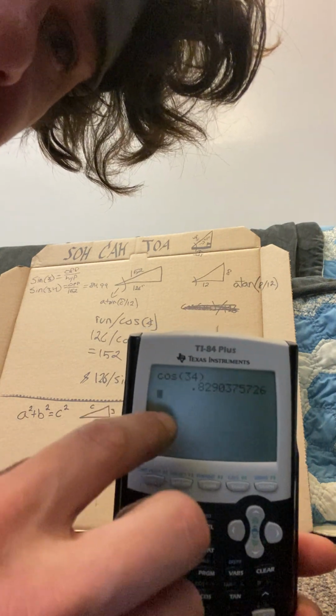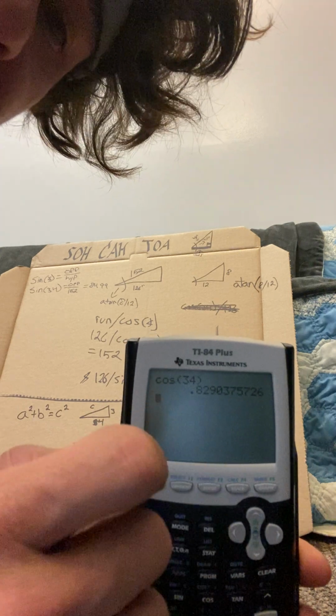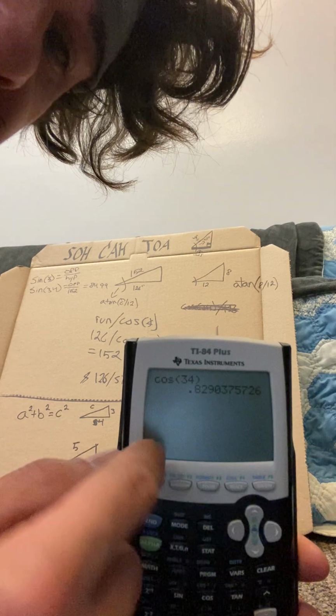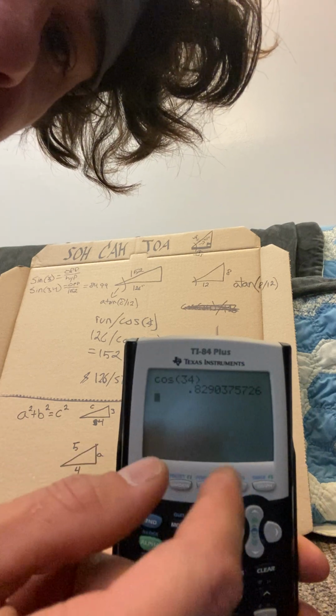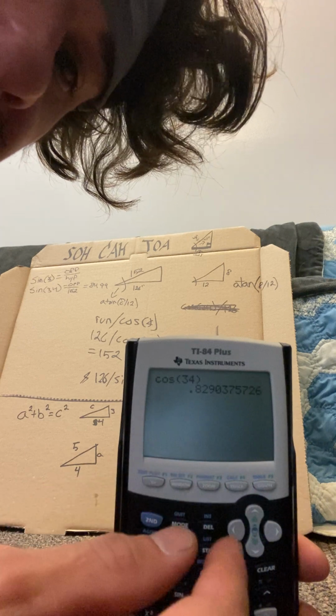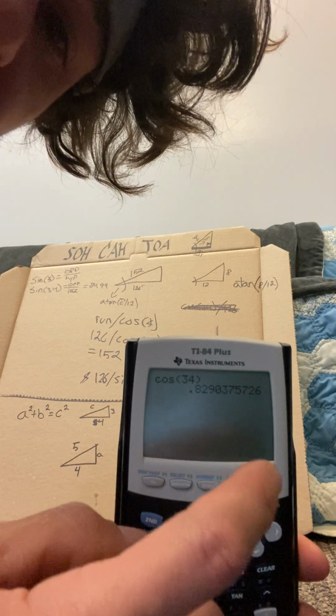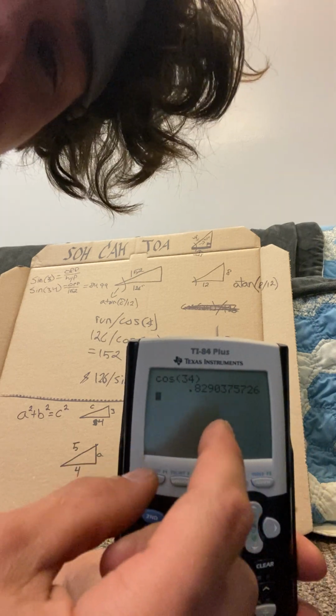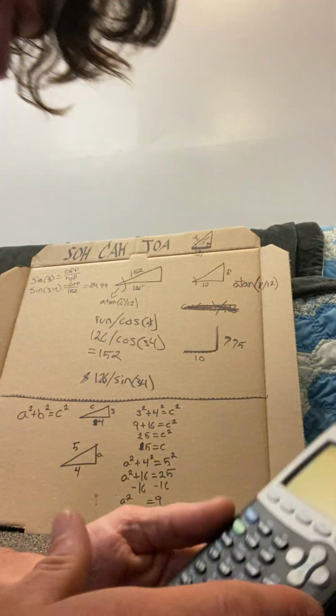That's giving you a ratio of your hypotenuse to your run. So you could think of it as, for 0.8 units of run, you get 1 unit of hypotenuse, basically. Something like that, right? But you understand, it's a ratio.